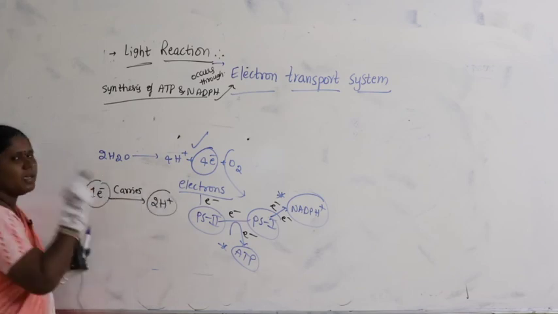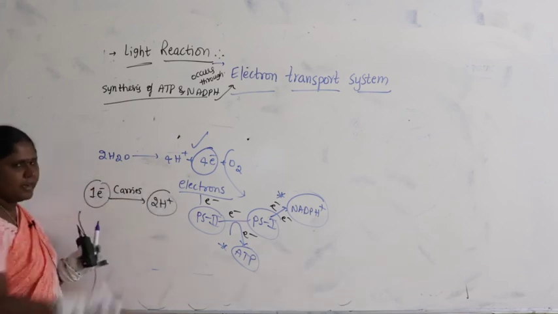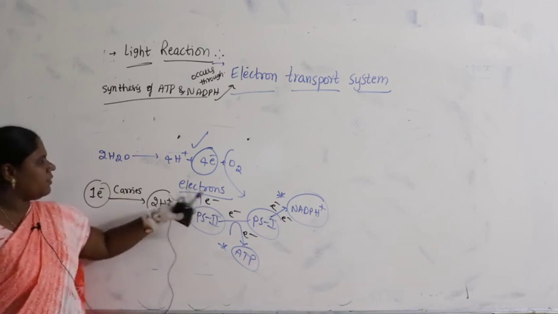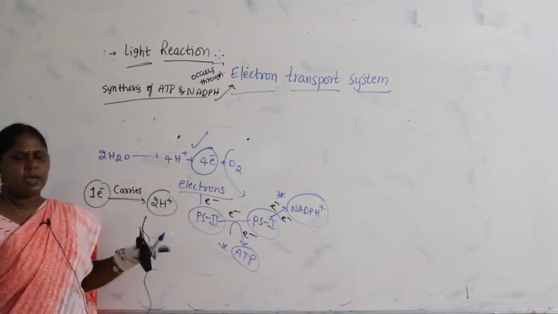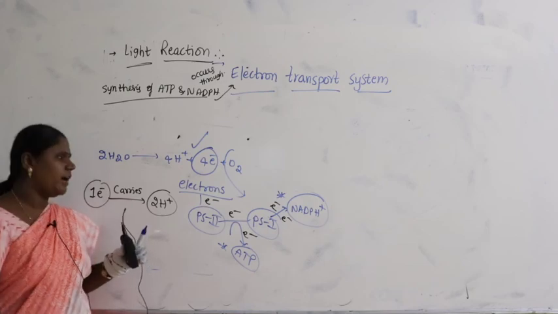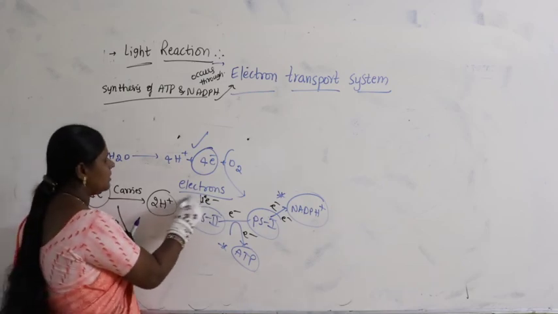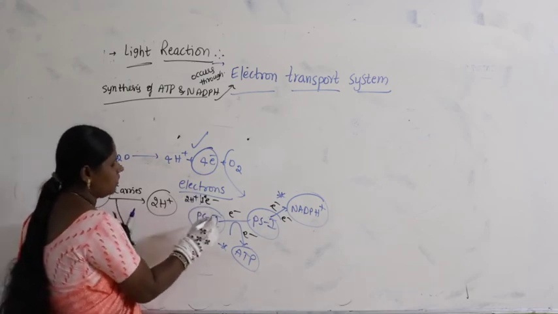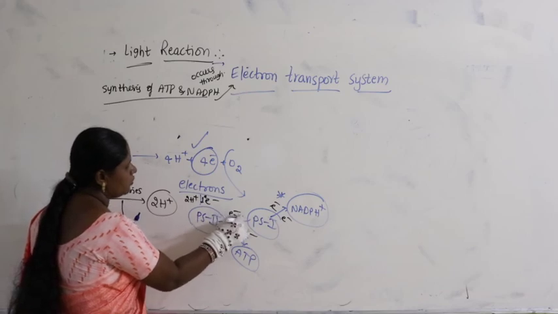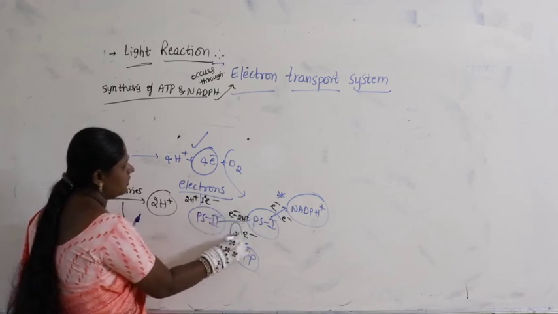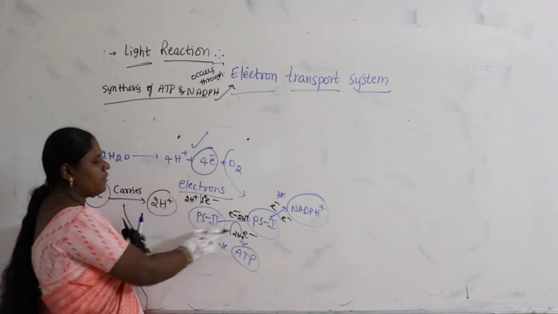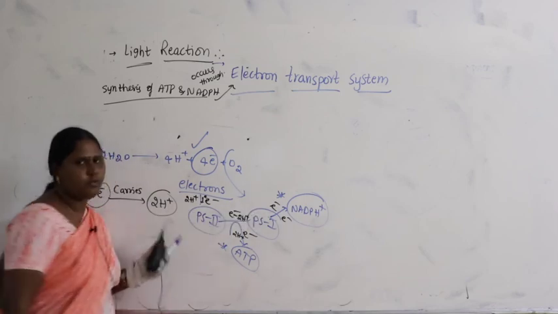The electron will not leave the protons here; it takes the protons along with it. So here 1 electron carries 2 protons, and here also it carries 2 protons, as it keeps moving from one photosystem to the other.